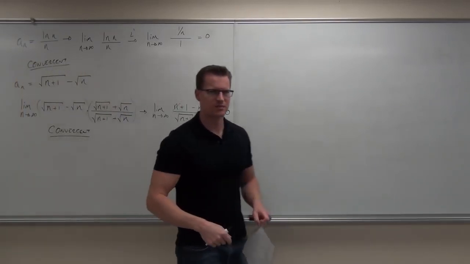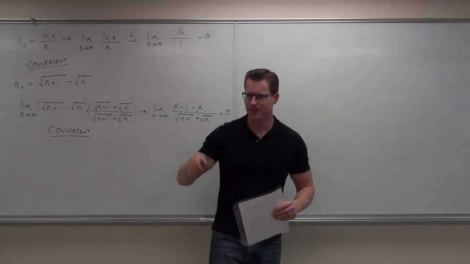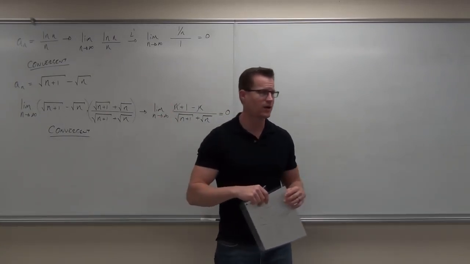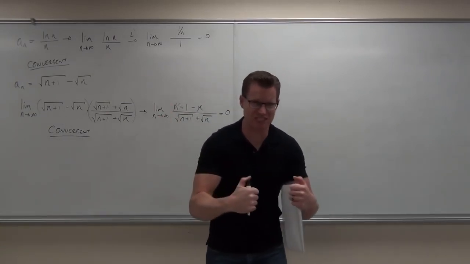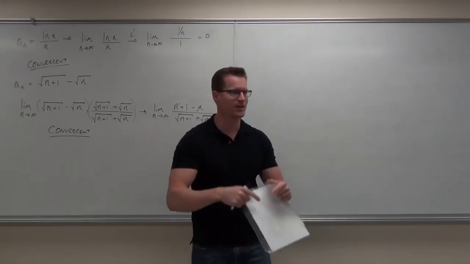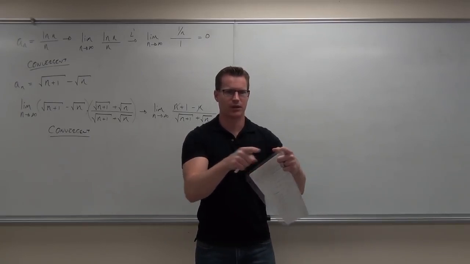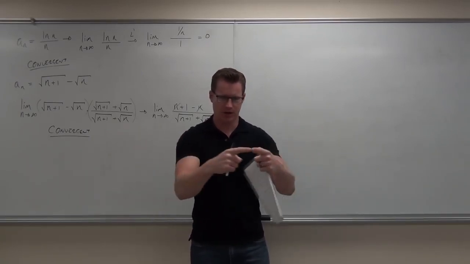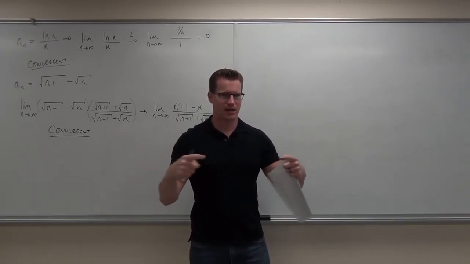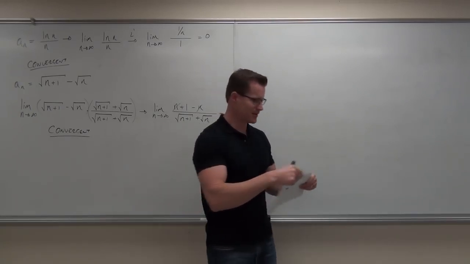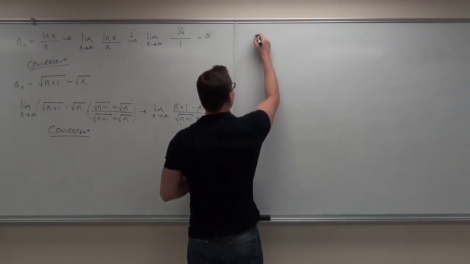Have you ever heard of the squeeze theorem? You take this limit that's bigger, and this limit that's smaller, and this limit that's right in the middle, and you squeeze it. If both these limits go to one thing, the limit in the middle has got to go to that one thing. We can't have these limits go somewhere, and this one go somewhere else. It's got to go to where these go. That's what the squeeze theorem does.